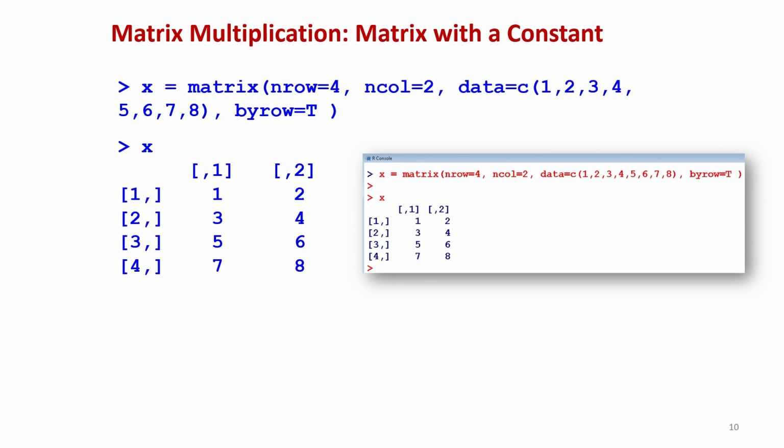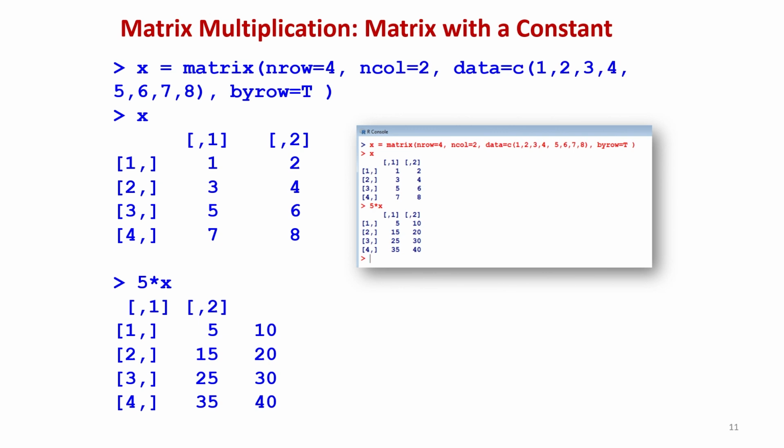Suppose I consider a matrix like the one we considered earlier, X containing data 1 to 8, and I multiply this matrix by a scalar, say 5. Whenever we multiply a matrix by a scalar, the scalar multiplies each element in the matrix.